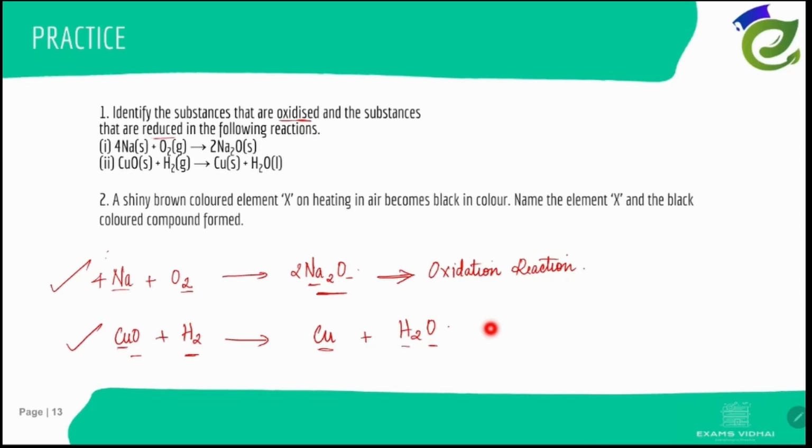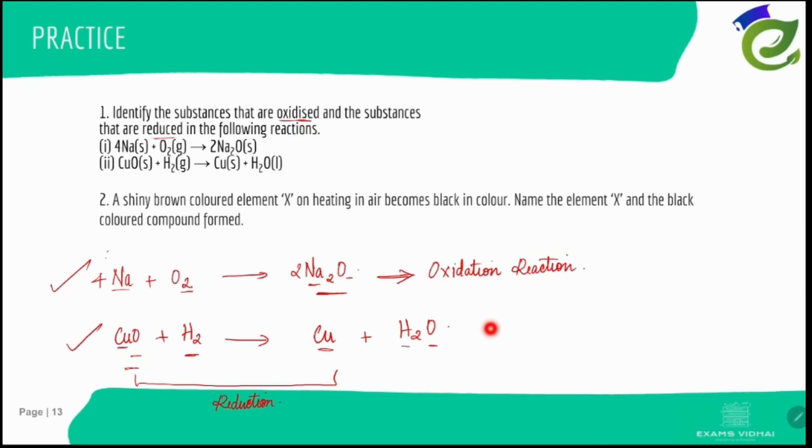So, if we are talking about oxidation and reduction, on the reactant side, copper has an oxygen atom, but on the product side, copper does not have an oxygen atom, which means oxygen is being removed. Therefore, this is an example of reduction.